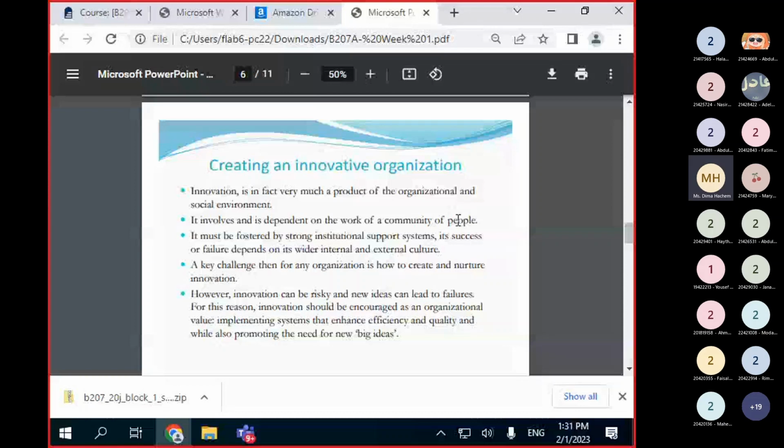So it must be fostered by a strong institutional support system, and its success or failure depends on its wider internal and external culture. There is an internal culture. What is culture in Arabic? ثقافة. Okay.